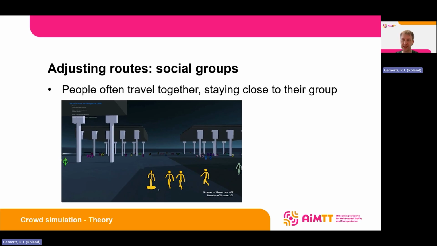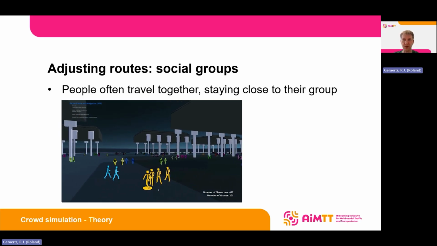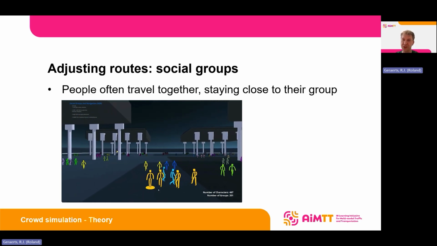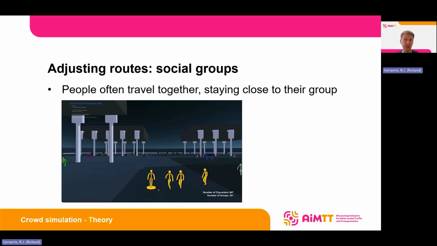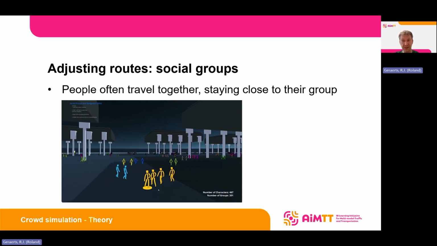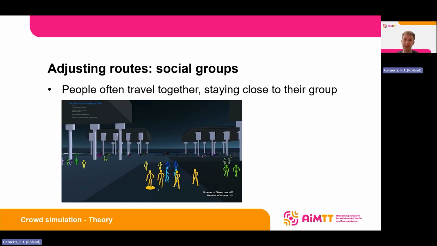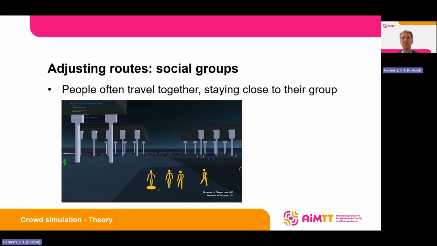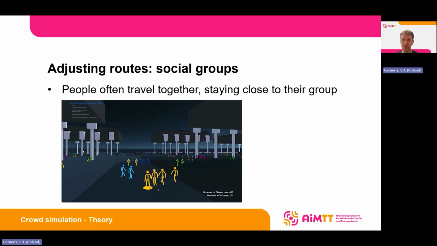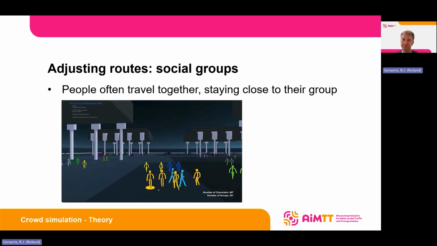The primary objective of the group is to stay together while moving towards its destination. Group members adjust their speed and position to maintain proximity to one another, often sacrificing the most direct route in order to remain connected. However, crowded environments can sometimes force groups to separate temporarily.